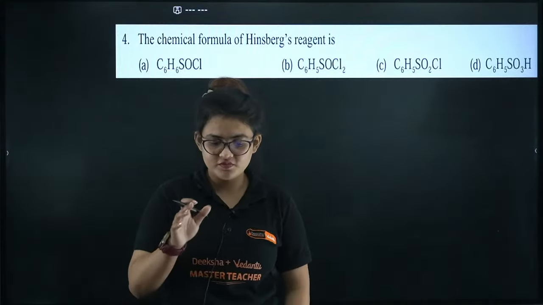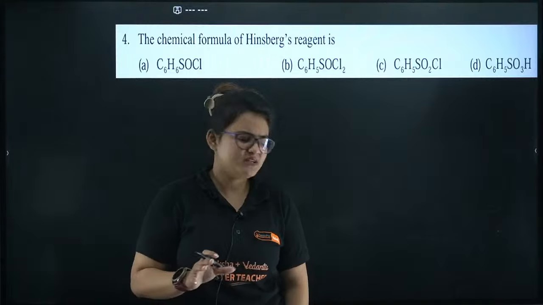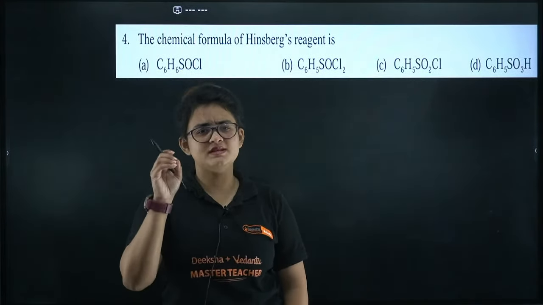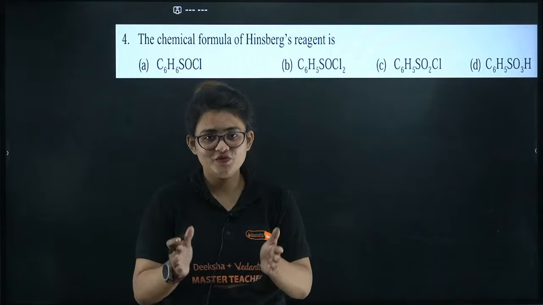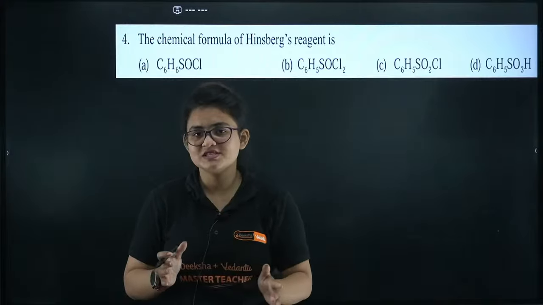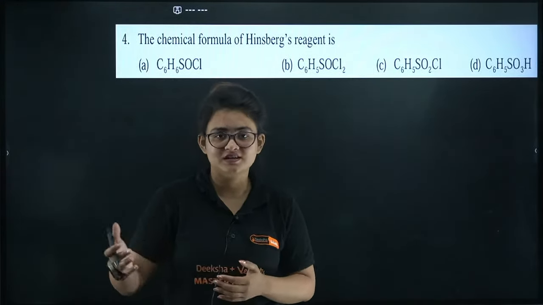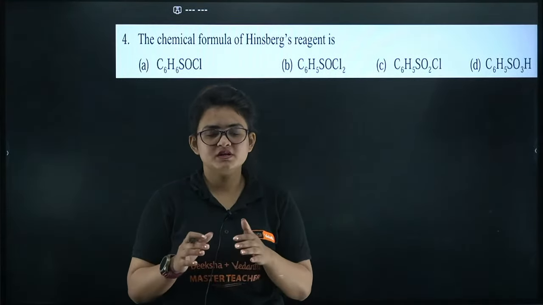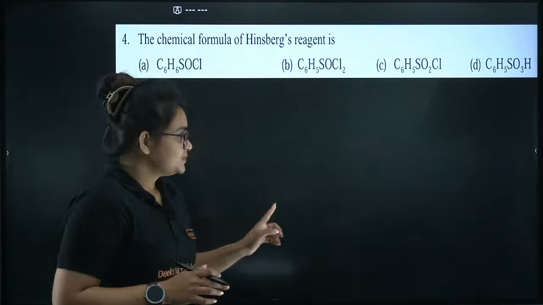I know a few people plan to skip the amines chapter, but trust me, my dear, amines is a very simple, innocent chapter. Very few selective questions come out of it. If you are intelligent enough, please don't skip amines. Hinsberg reagent is one of the most obvious questions that comes from the amines chapter. Along with that, the most important questions, I will tell you after the MCQ.